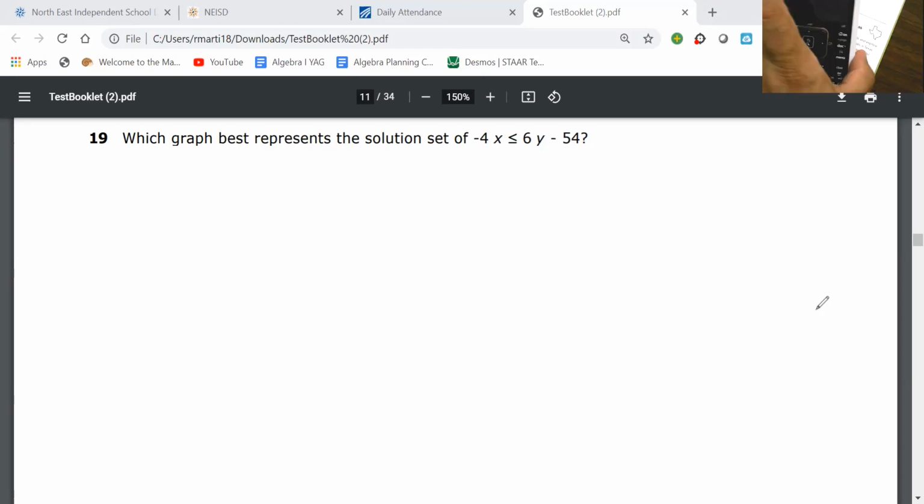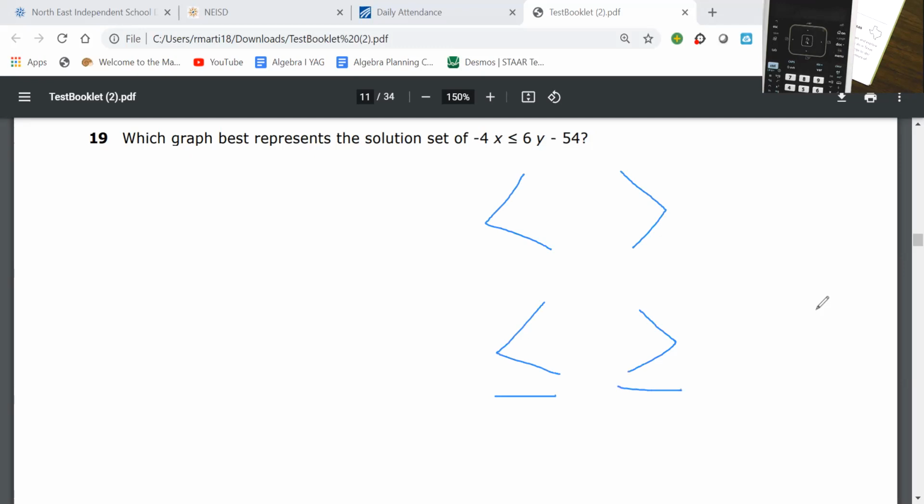Well, if you remember when we did inequalities, there's basically four kinds of inequalities: less than, greater than, less than or equal to, or greater than or equal to. When you put an inequality on the coordinate plane, you're going to get a shaded area, depending on how the numbers work out.